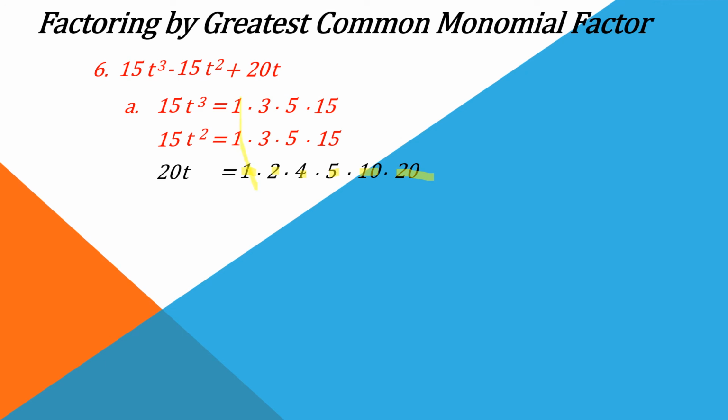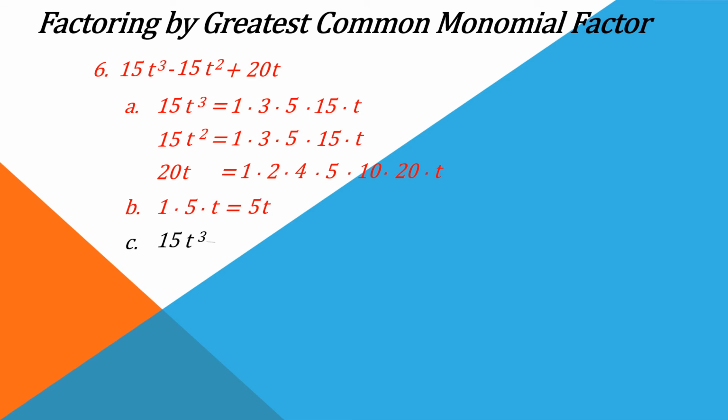This is 1, and then 5. Now we will take the least exponent of the variables, which is from 20t. So this is t, and then take the product of the greatest common factors of numerical and variables. We have 1 multiplied by 5 multiplied by t, or equal to 5t.